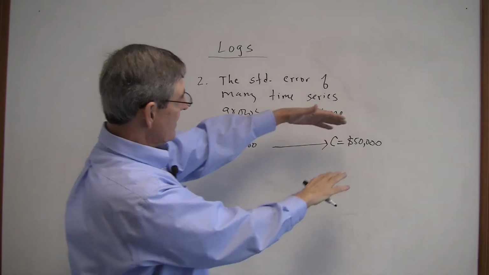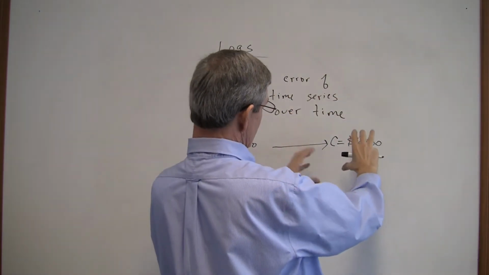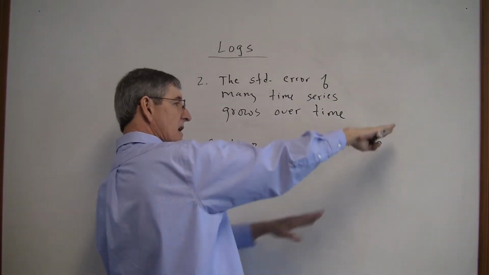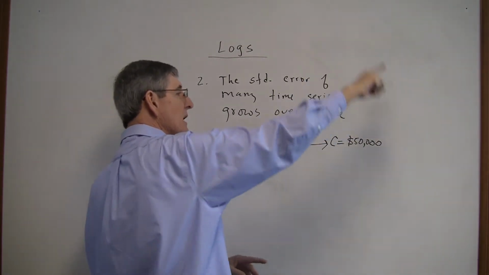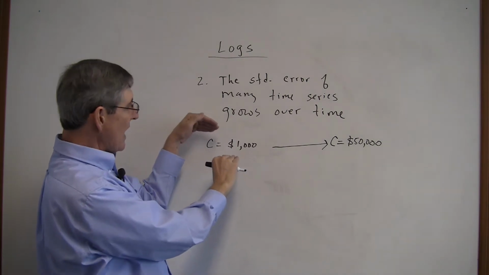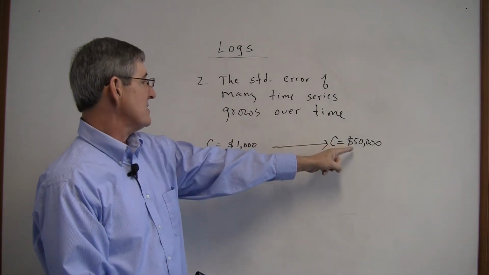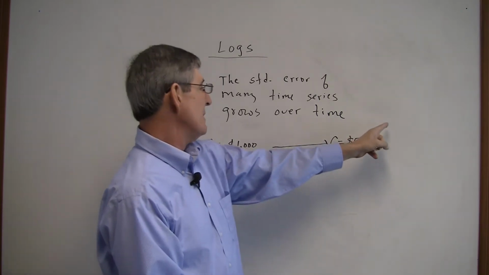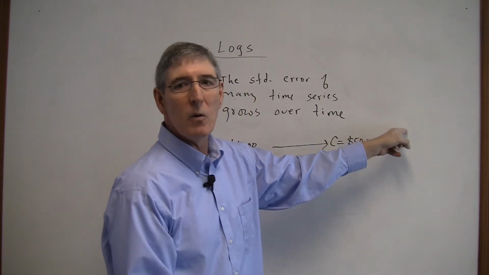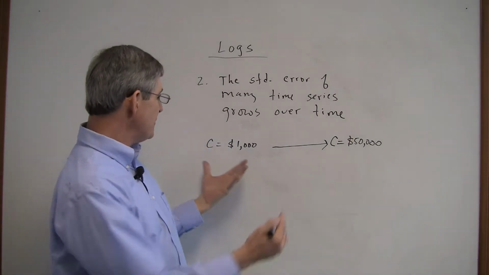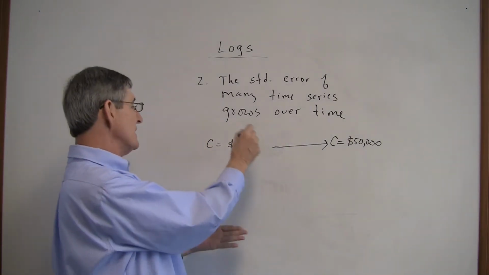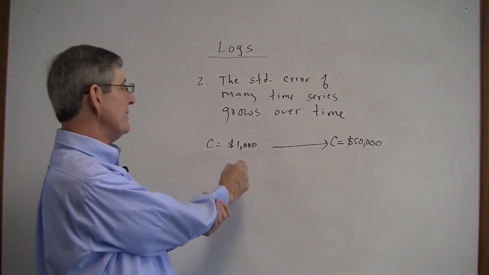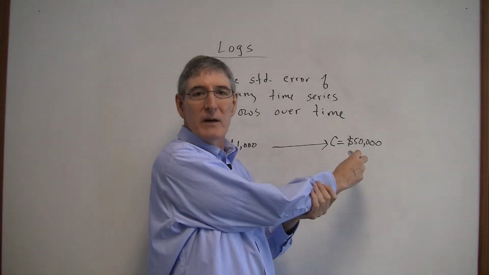And so if you were to look at how much consumption's varying over time way out towards the end, it'd be much larger than it is in the beginning. There's just not much consumption here. I mean, last year consumption might have been 48,000, 47, might be 53, and then 51. I mean, the standard deviation might be higher than the actual level of consumption at this time. You know, this might be plus or minus 300. This might be plus and minus 3,000 or 4,000.